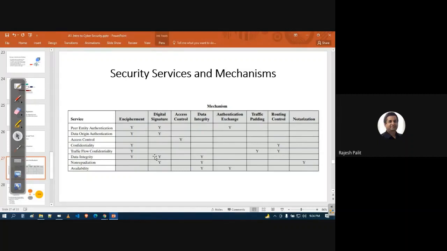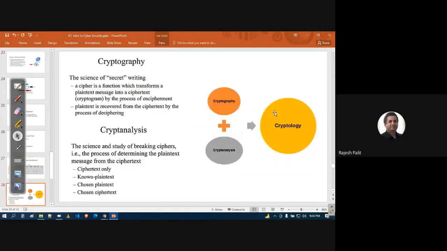Now the term cryptology. Cryptology is actually the combination of cryptography and cryptanalysis.